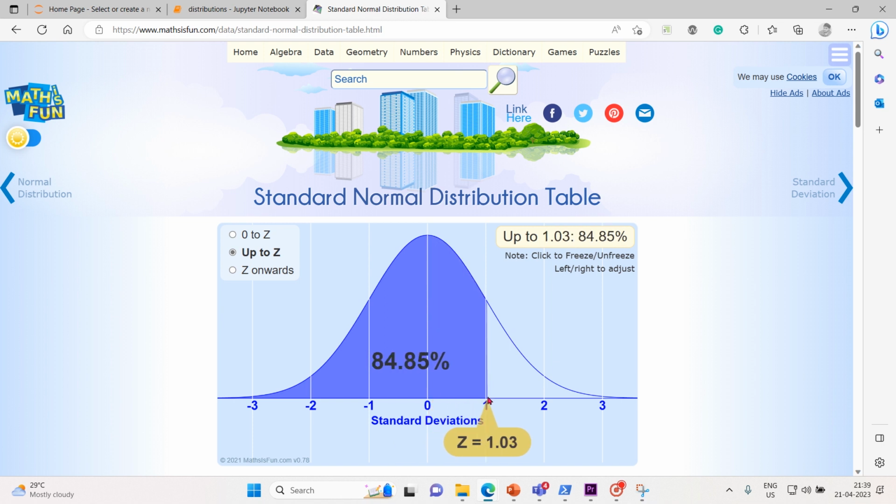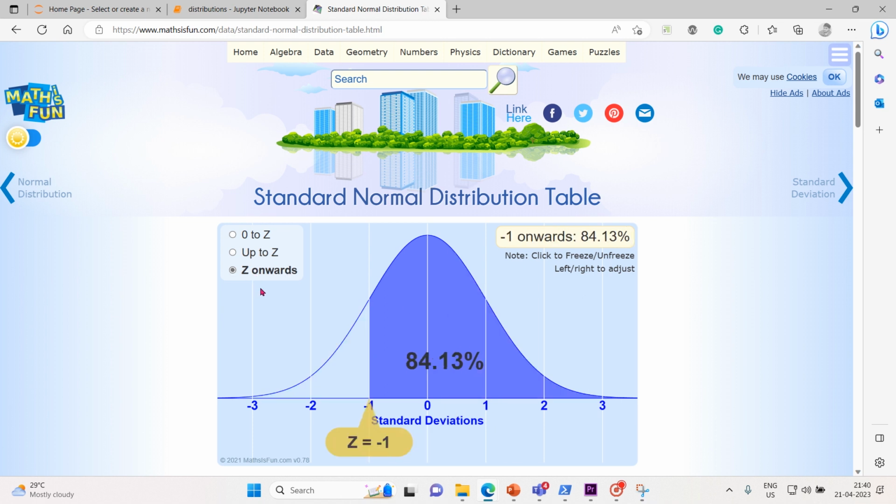I started from left to right, so that's why it will calculate everything. That is also very important when you're taking Z scores. 1.03 is 84.85 percentage, then 2.98 is 99.86 percentage.